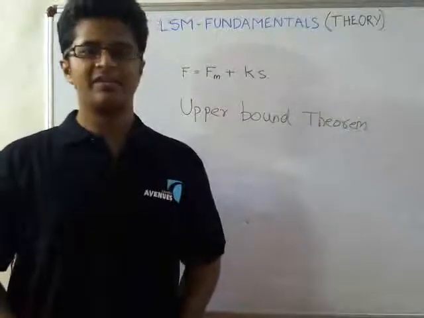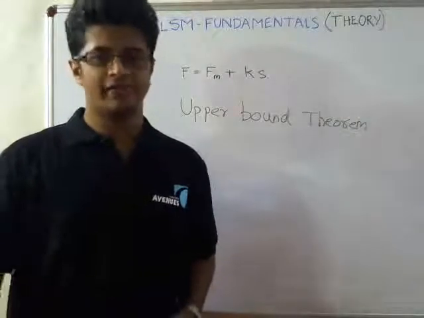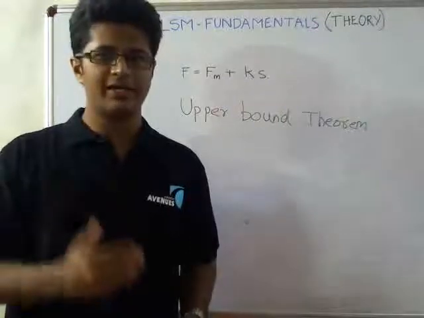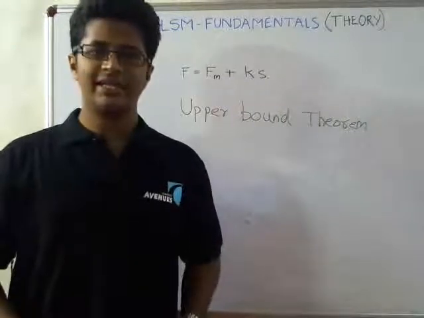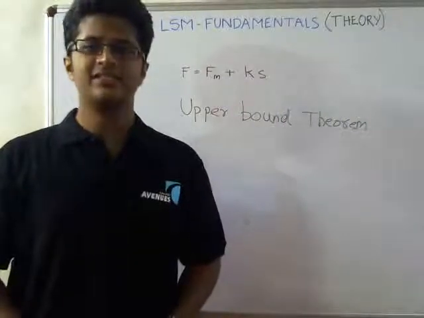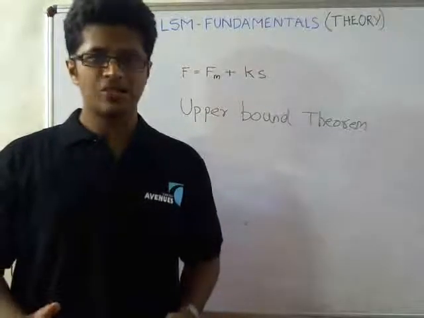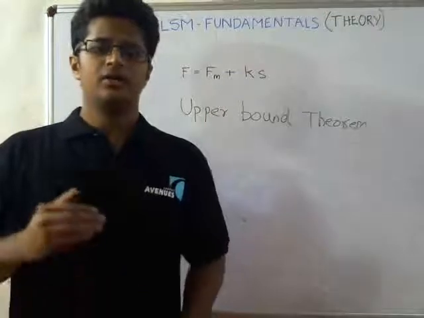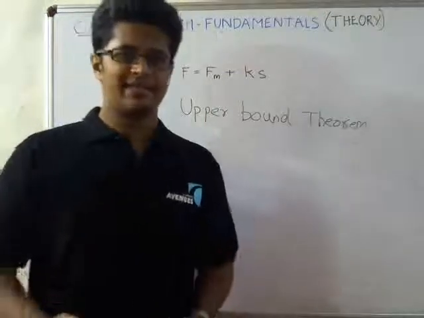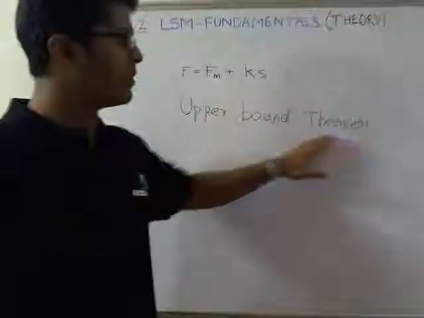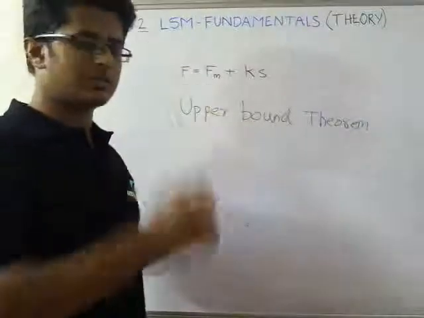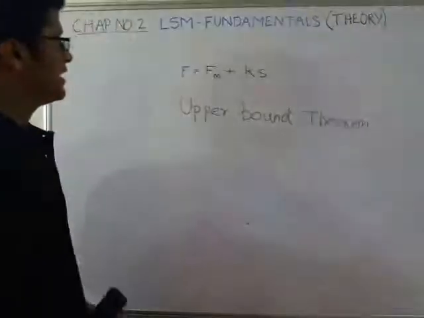It's very obvious that load should be considered higher. If you consider less load and do the entire calculations and design accordingly, then there is a risk of failure of the structure. So the load has to be calculated to a higher extent. That is the reason why we use upper bound theorem.